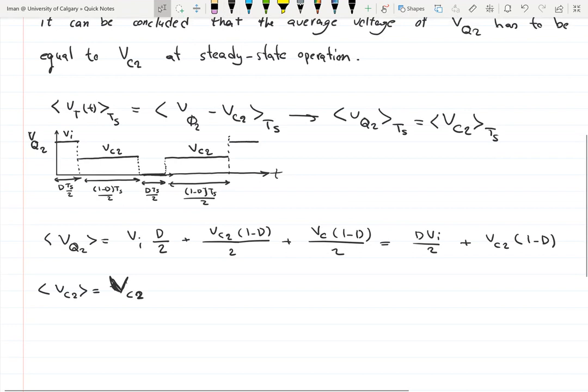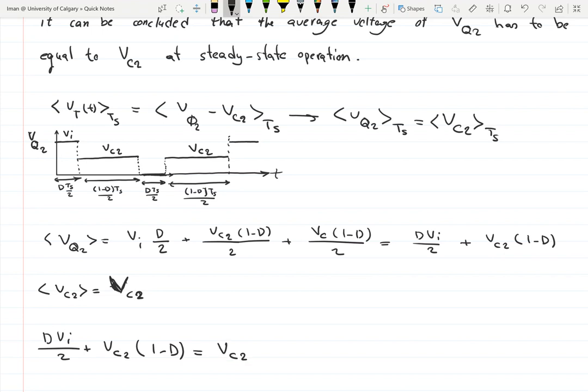Now, plugging the average of VC2 and the average of VQ2 into this equation here, we have dVi over 2 plus VC2 times (1 minus d) is equal to VC2. So VC2 cancels with VC2, and therefore dVi over 2 is equal to dVC2.